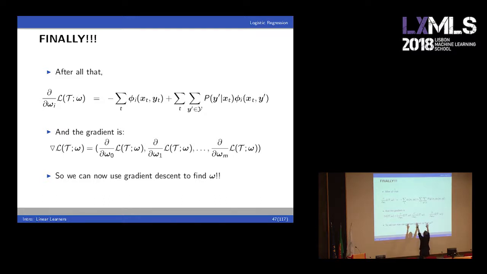So let me phrase it differently. When is this derivative 0? This is where we have our global minimum. It's 0 at the point where the left-hand side term, the minus sum over t phi i term, is equal to the right.